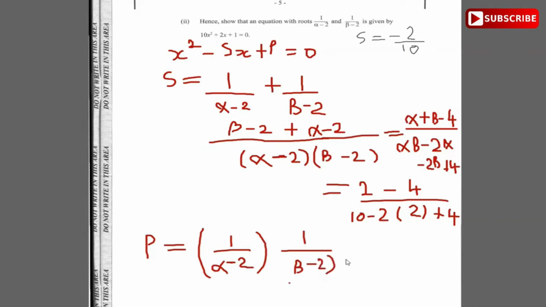I'm just going to get 1 over alpha times beta, which is alpha beta, minus 2 into alpha plus beta, plus 4.